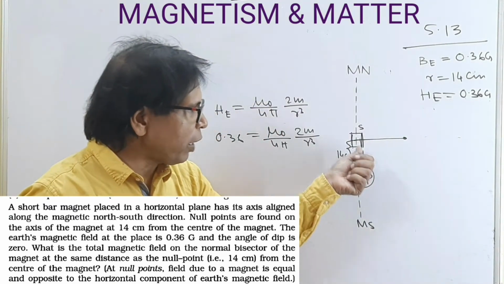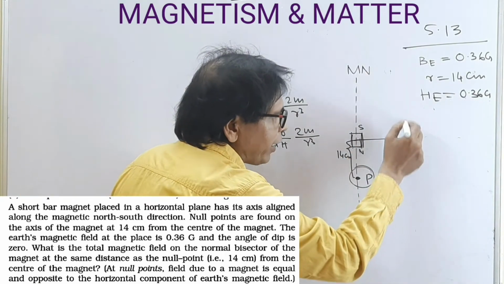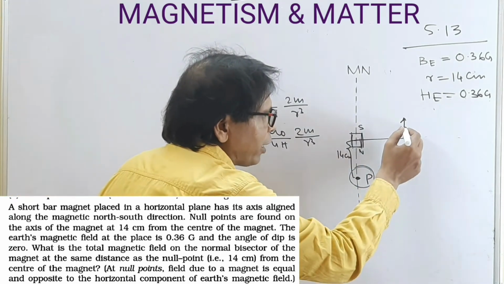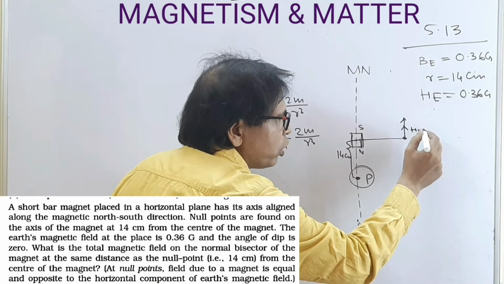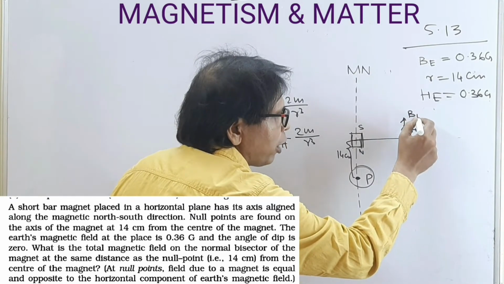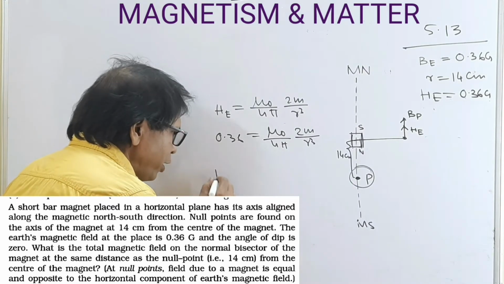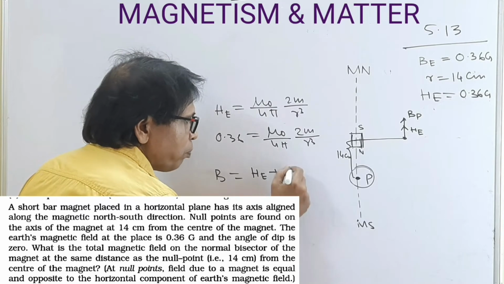The magnetic field due to the bar magnet is directed along this direction, and the magnetic field due to earth's magnetism is also directed along this direction. So this is H_E and this is B at the perpendicular bisector position. So the total magnetic field B equals H_E plus B_P.